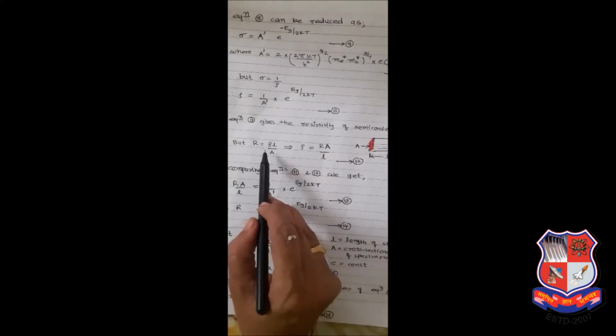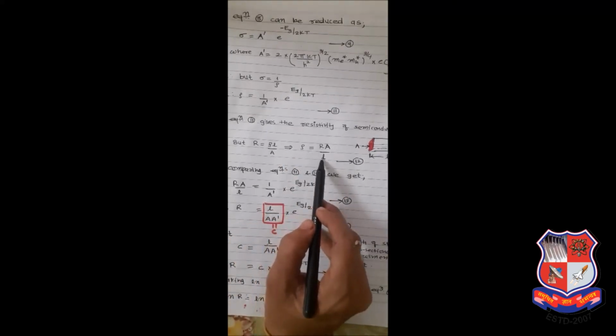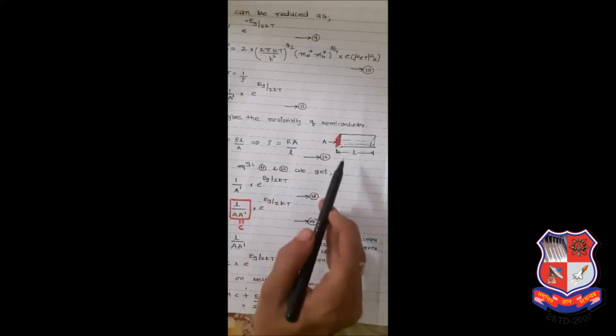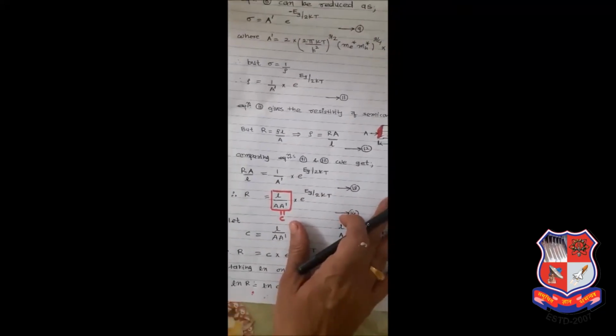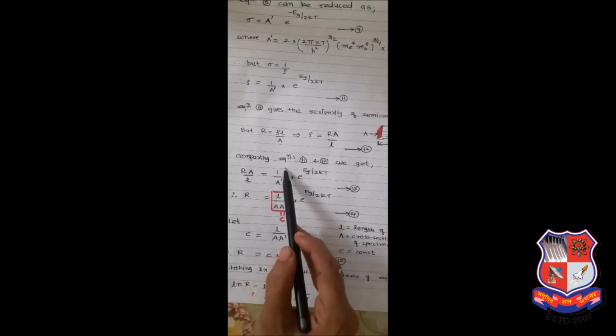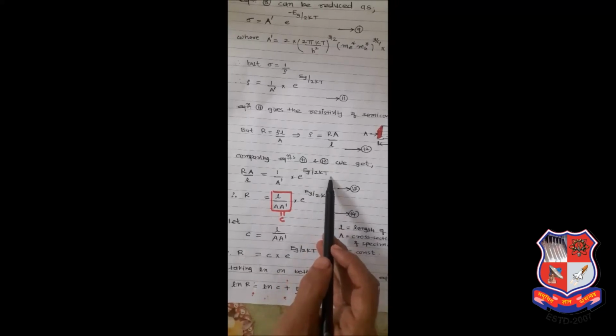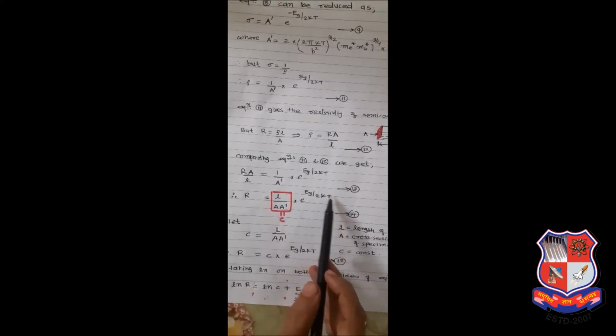But we know that R is equal to rho L by A. So rho becomes RA by L. If this is the specimen, L being the length and A its cross-sectional area, then we are comparing equations 11 and 12. So RA by L becomes 1 by A dash e raised to Eg by 2kT. So R is equal to L by A dash into e raised to Eg by 2kT.